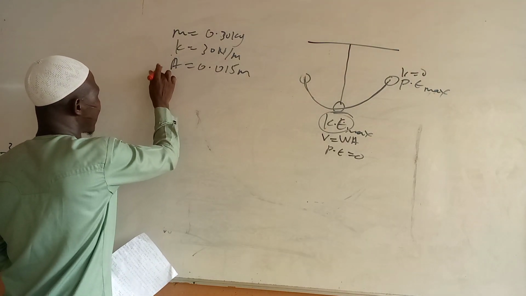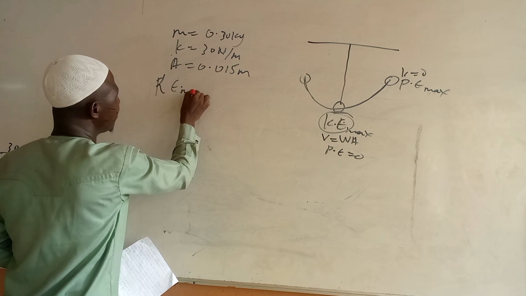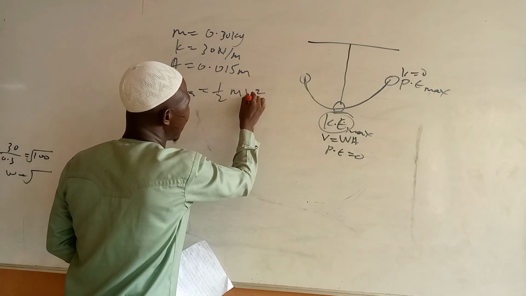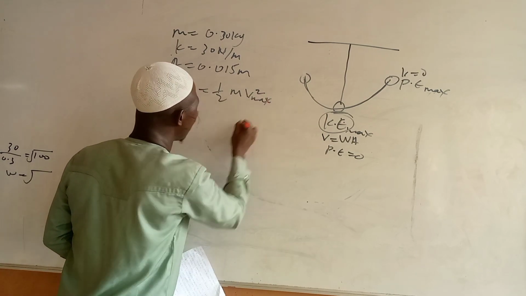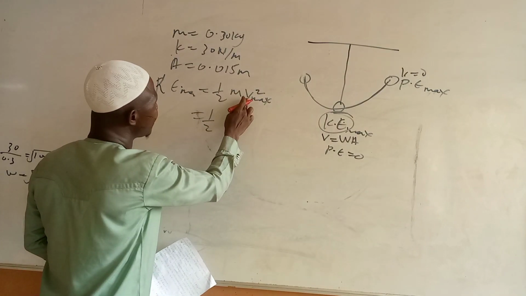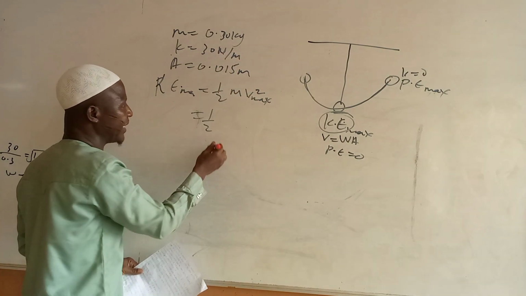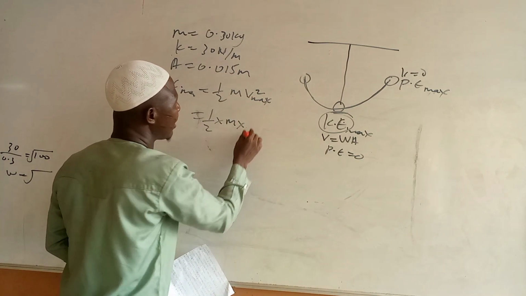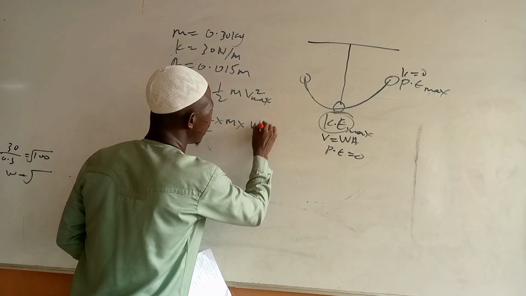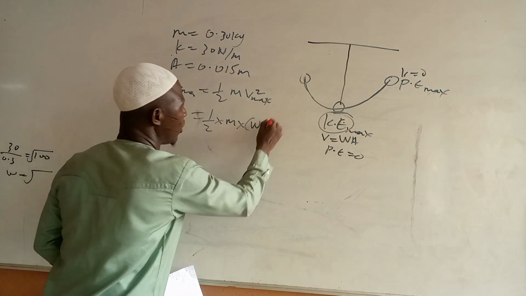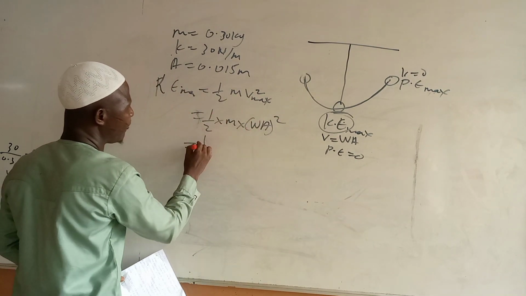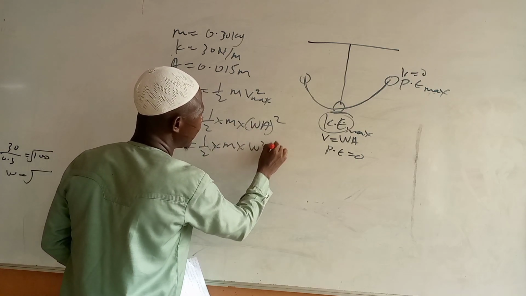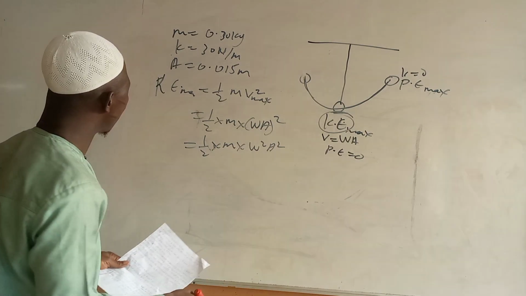KE maximum is equal to half mv squared at maximum velocity. Since v is not given, we calculate it. What is our v? Our v is equal to omega A. Then you find the square of it. So we are going to have 1 over 2 multiplied by m multiplied by omega squared A squared, where our parameters are now given.